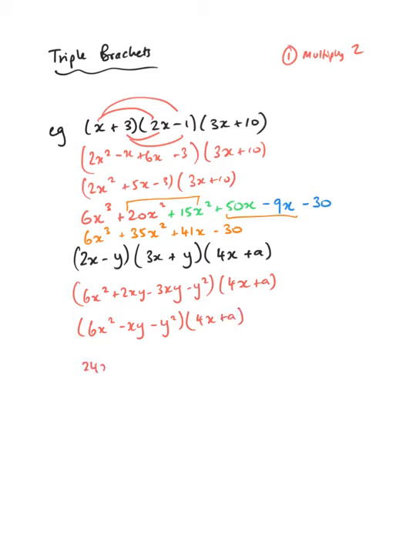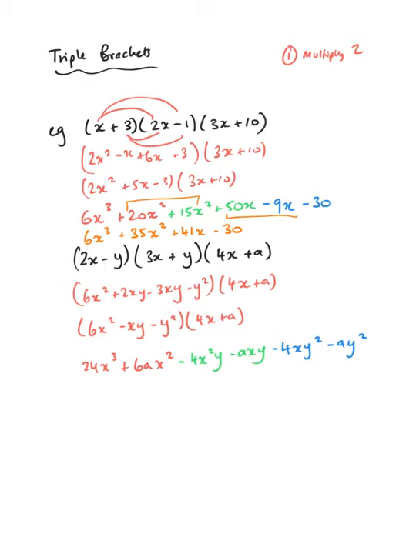That's going to give me 24x to the power 3 when I multiply 6x squared by 4x, plus 6ax squared. Then multiply the minus xy by everything in the other bracket, so minus 4x squared y minus axy. Then multiply the minus y squared by everything, so you get minus 4xy squared minus ay squared.